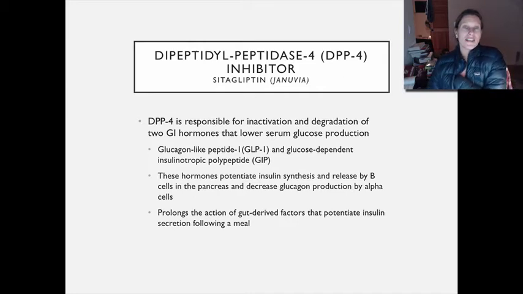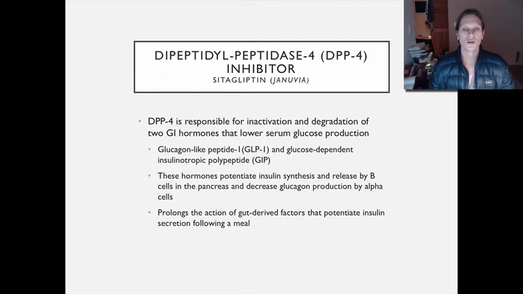The two hormones that it inactivates are GLP-1, or glucagon-like peptide 1, and glucose-dependent insulinotropic peptide, which is called GIP. So these drugs, the DPP4 inhibitors, inhibit the breakdown of both GLP-1 and GIP.